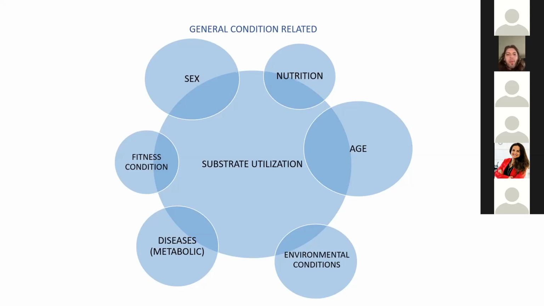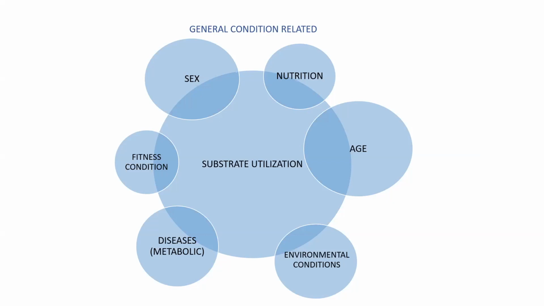Then we have sex. There are a few differences related to sex with physical performance, but all the studies so far show that the patterns of changes in substrate kinetics between trained men and women are similar, when exercise is made with moderate to high intensity.